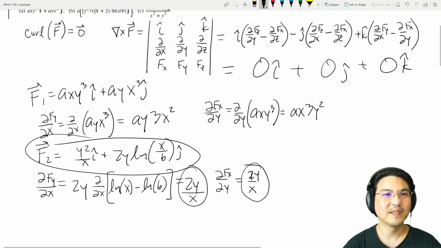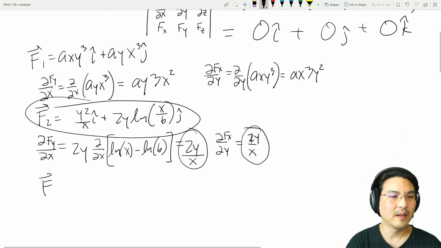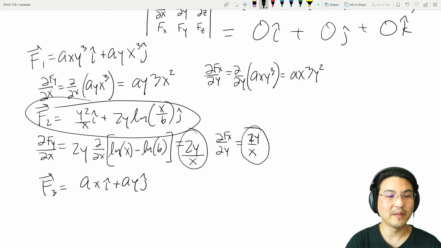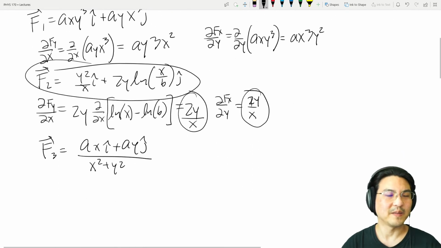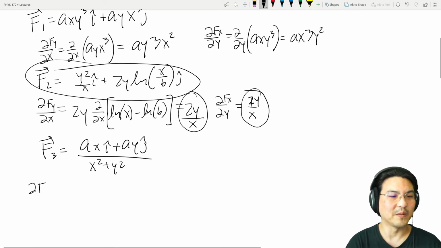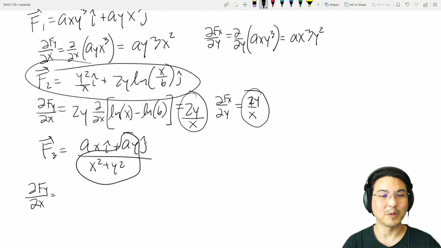Okay, last one: ax plus ay over x squared plus y squared. Let's take the partial of the y component with respect to x. That would be only this part right here. With respect to x, let's do the quotient rule.